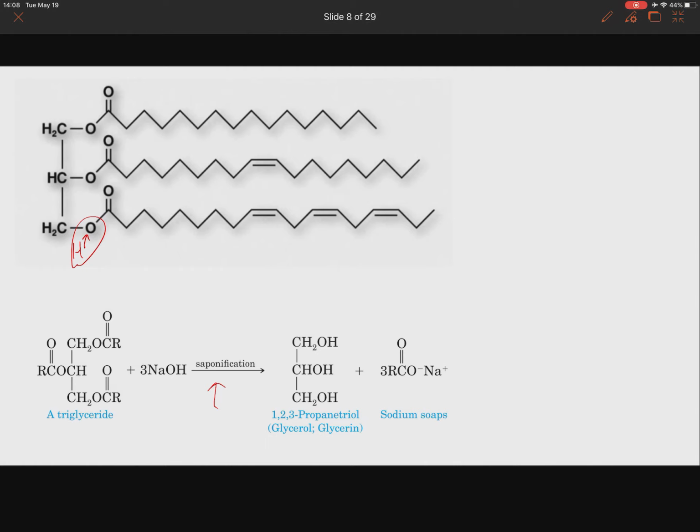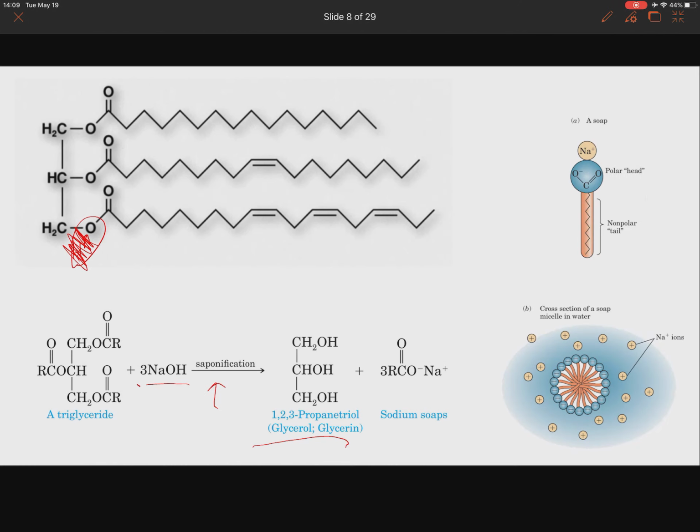But if we do this in base, then the hydrogens don't get added back on because there are none. They all got neutralized by the sodium hydroxide. And so instead we end up with the salts of these fatty acids. We get back our glycerol, but we also get the salts. Sodium salts, potassium salts, you can use different ions for this, and they'll give you soft soaps and hard soaps and whatnot. But these soaps look like this.